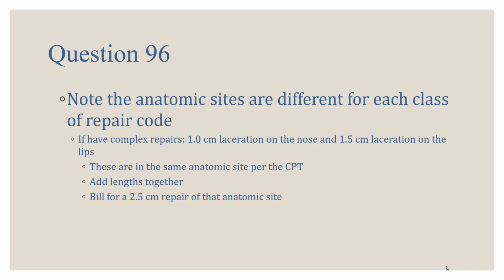Since they are of the same complexity, of the same anatomic site, you will add these together. So for this, we will bill a 2.5 centimeter complex repair of that anatomic site.